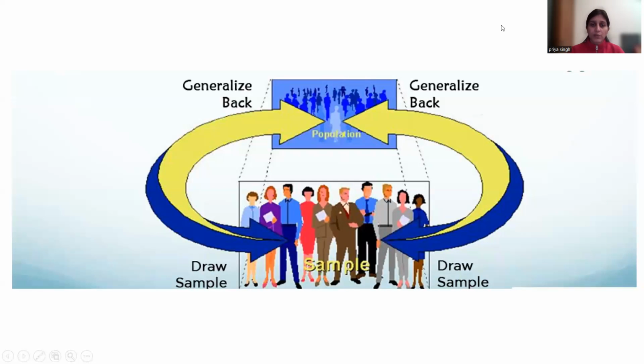So, from a population, we select a sample on which we perform a study. And when the results of the study are obtained, we generalize those inferences back to the population. So, if we are able to generalize the inferences to the population, the study is also said to be externally validated.